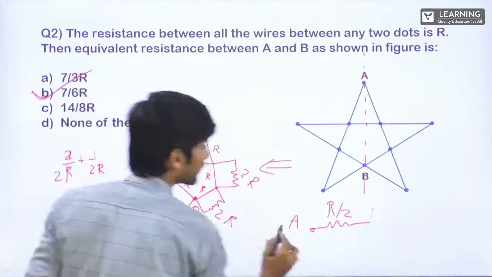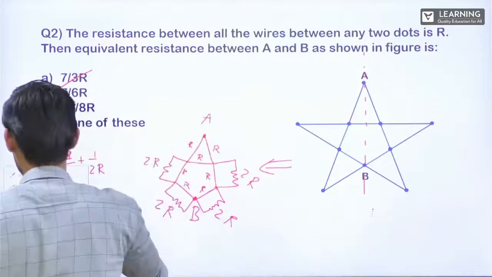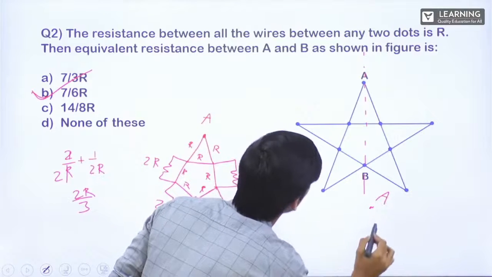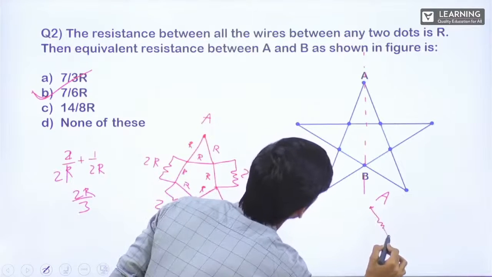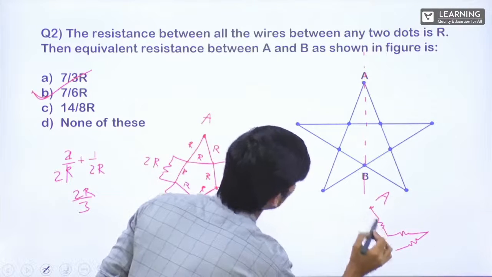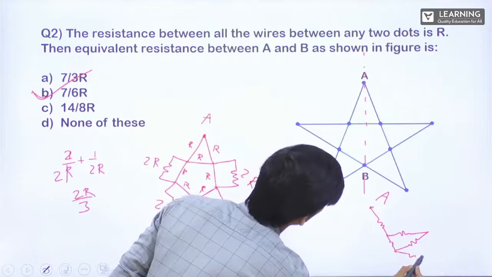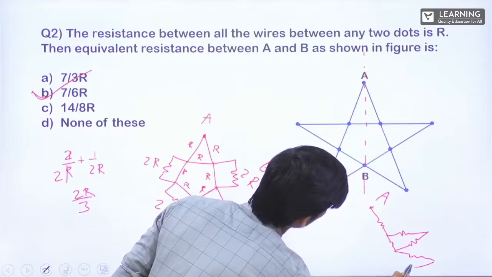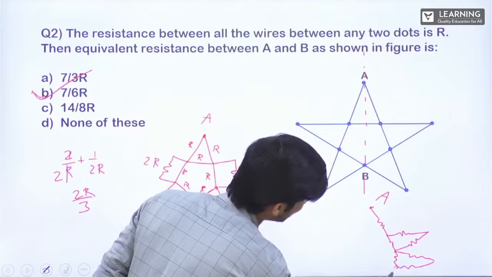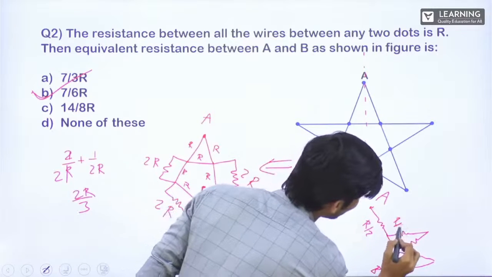Okay, let me make how it is. See here, this is A point, this R by 2, this R by 2, this R by 2, this R by 2, then this R by 2, this R by 2, and then this R by 2, and this is the B. Just check R by 2, R by 2.